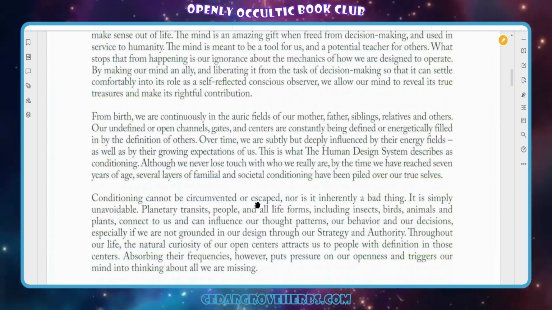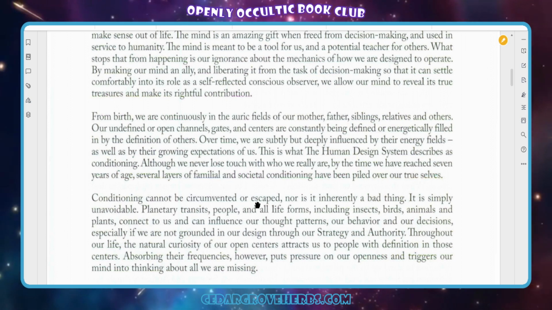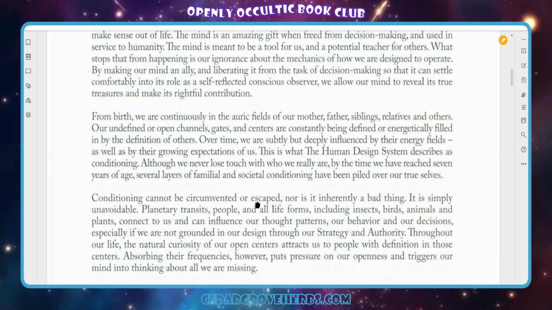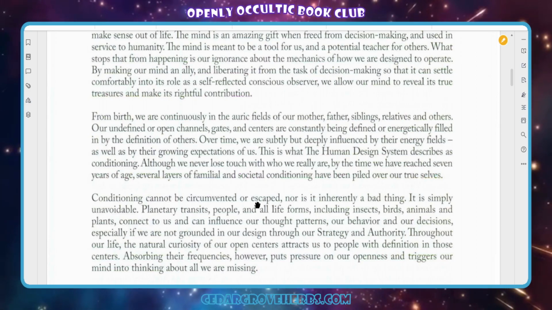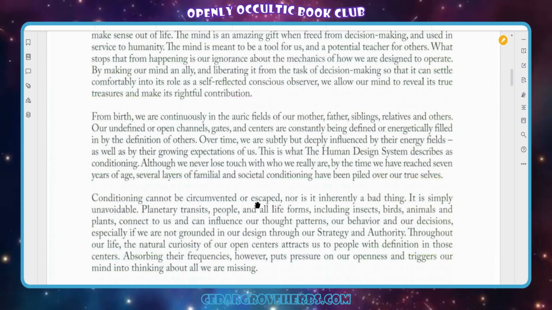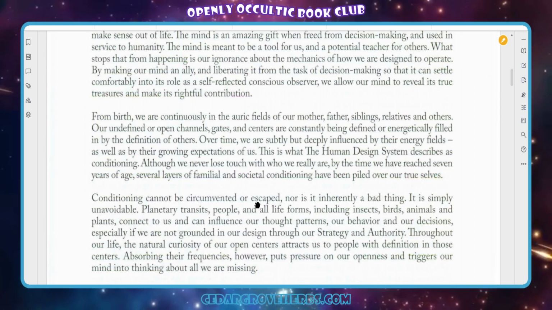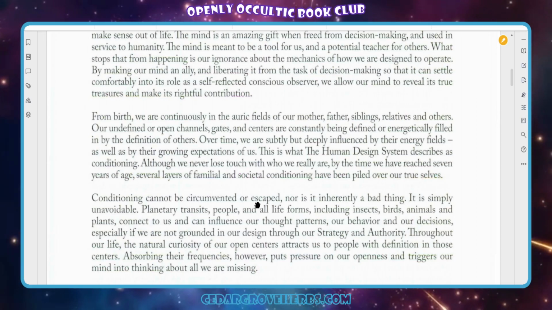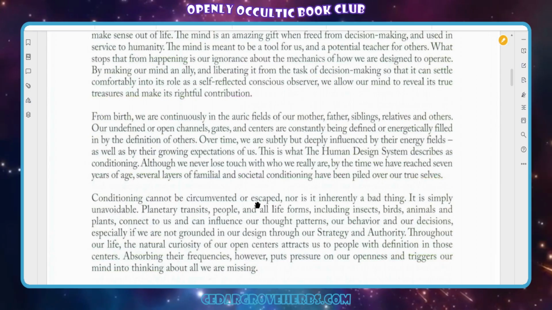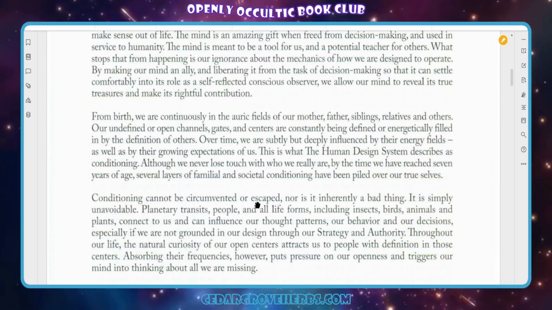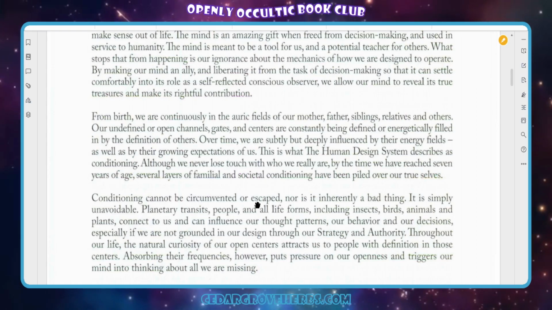Over time, we are subtly but deeply influenced by other people's energy fields, as well as other people's growing expectations of us. This is what the human design system describes as conditioning, or what I'm calling programming in so many ways, but same thing, right?